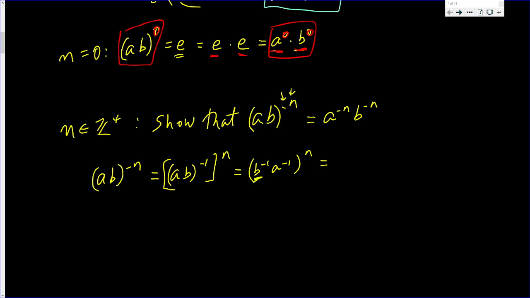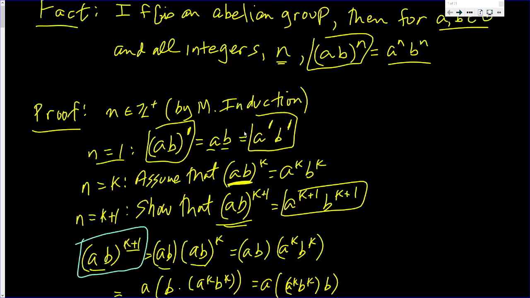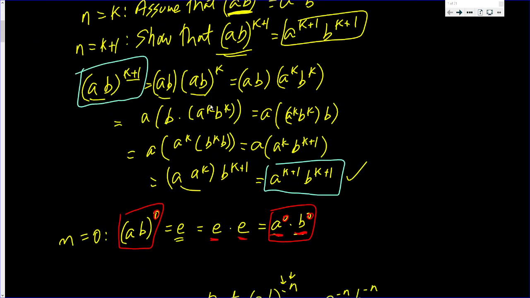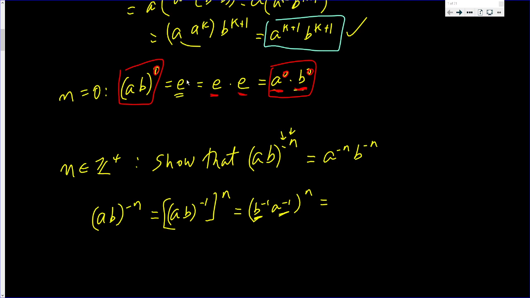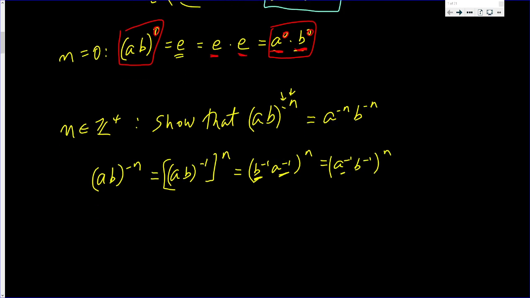Well, B inverse is just an element in the group. A inverse is just an element in the group. And the group is commutative. The group is abelian. That means I can switch the A inverse and the B inverse. And still, A inverse is just an element in G, and B inverse is an element in G, and that product is being raised to the nth power, a positive integer.